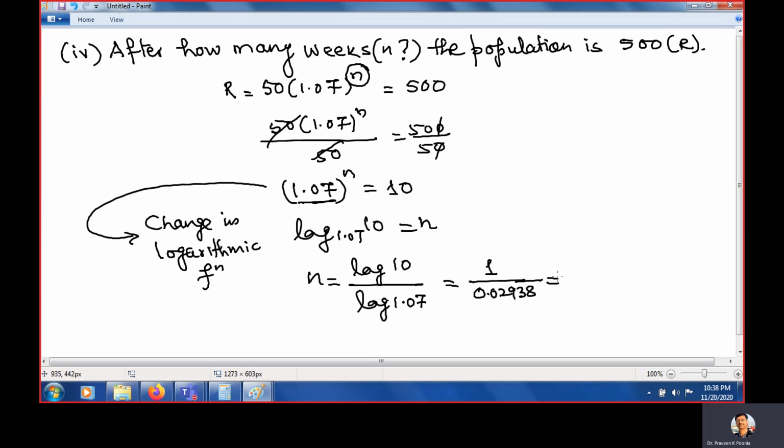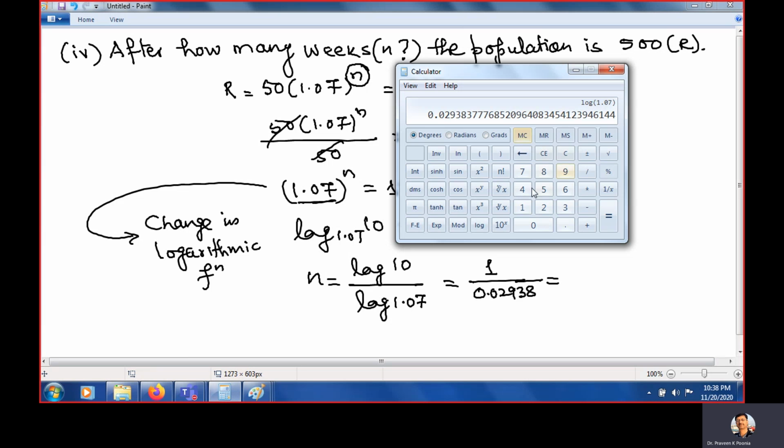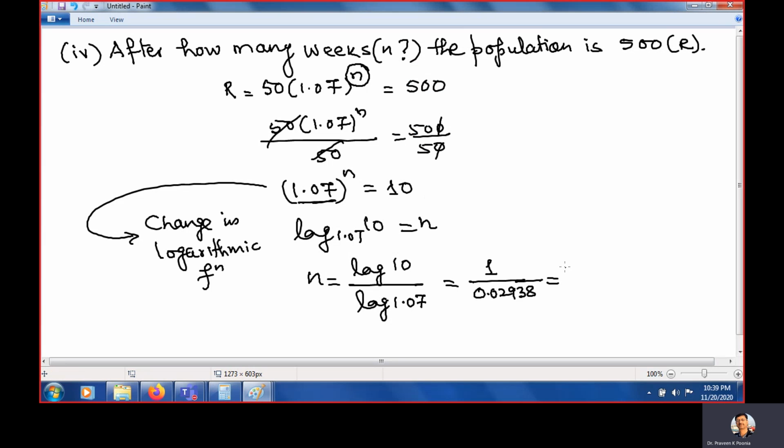Okay, so divide it: log 10, which is 1, divided by 0.02938. This is 34. So what is the answer? The answer is 34. So after 34 weeks, the population will be 500.